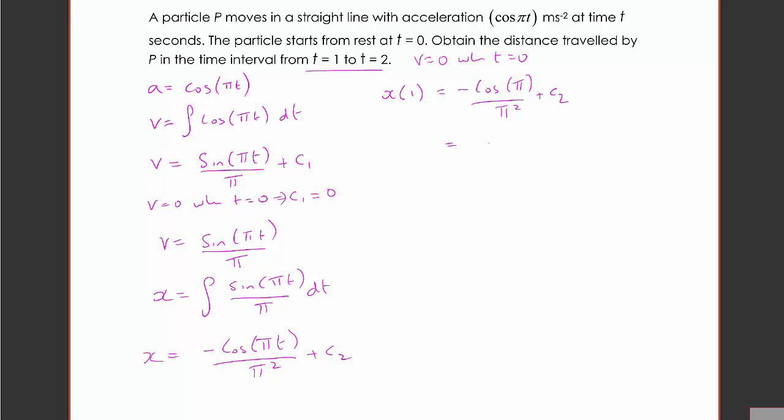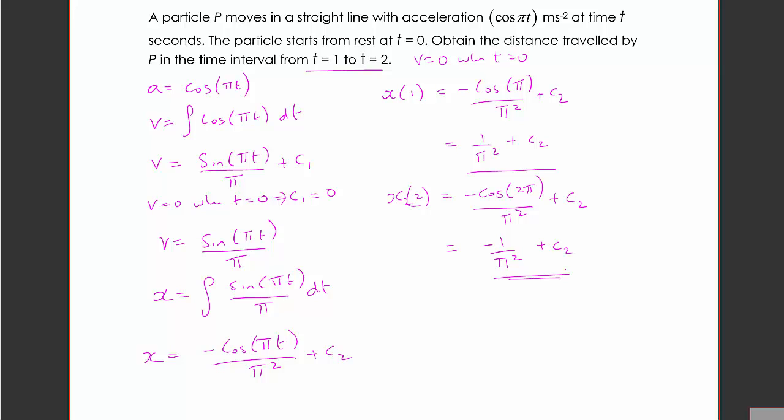Cos pi is negative 1, so negative of that is 1, so it's 1 over pi squared plus c2. x of 2 is going to be negative cos 2 pi over pi squared plus c2. Well, cos of 2 pi is of course 1, so this is negative 1 over pi squared plus c2.